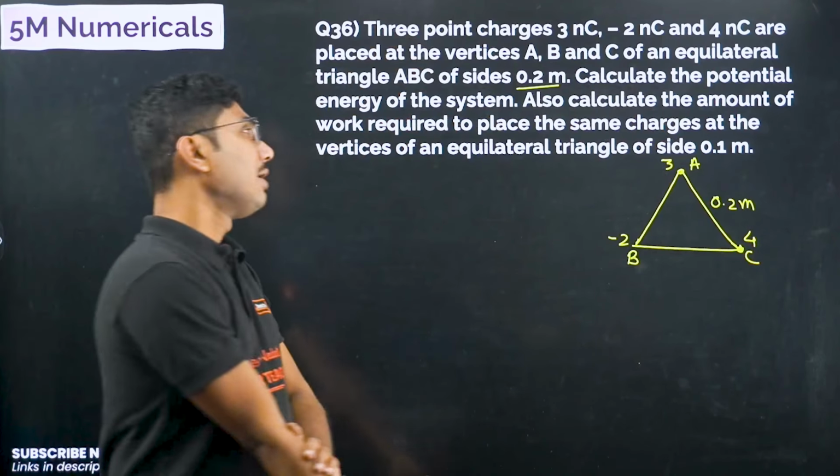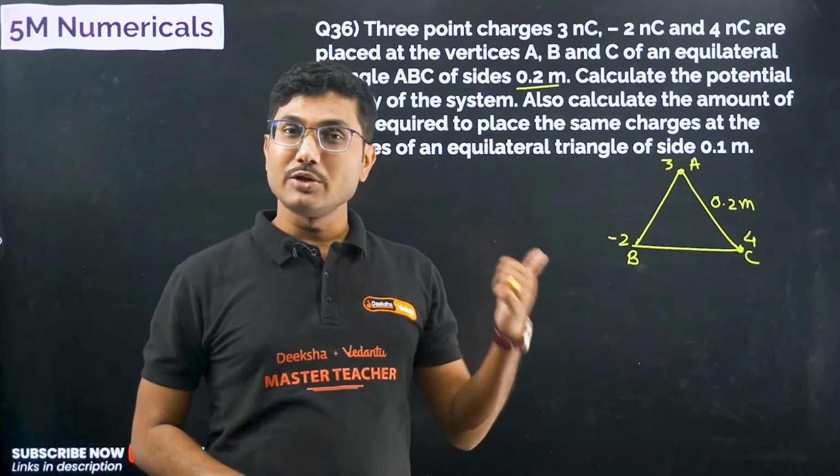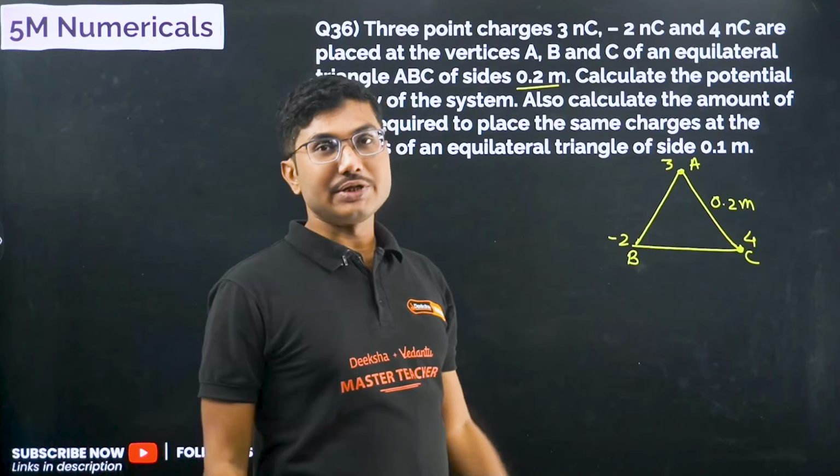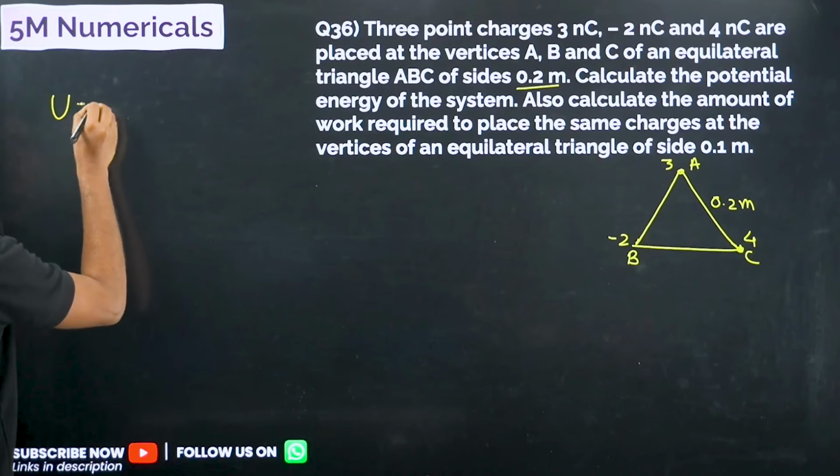Now we know that the potential energy between 2 charges is K Q1 Q2 by R. What about 3 charges? The potential energy of 3 charges is slightly tricky, but not super tricky.